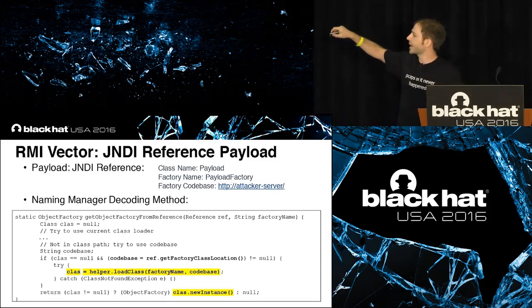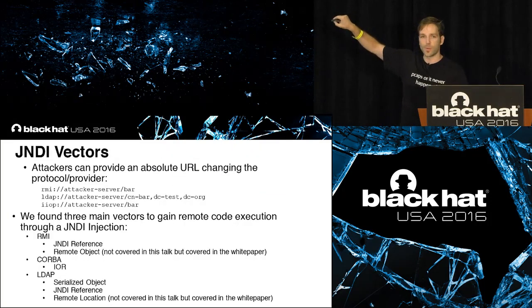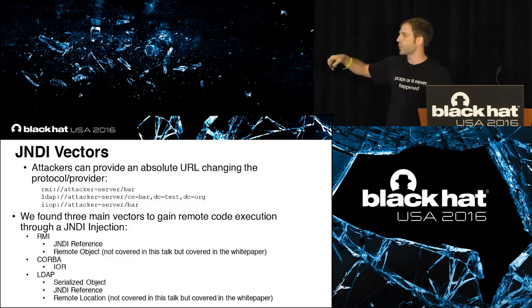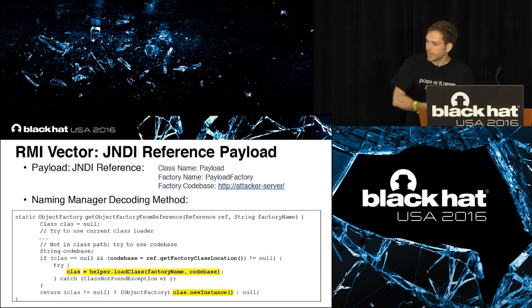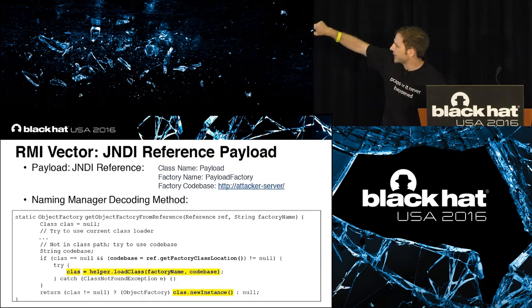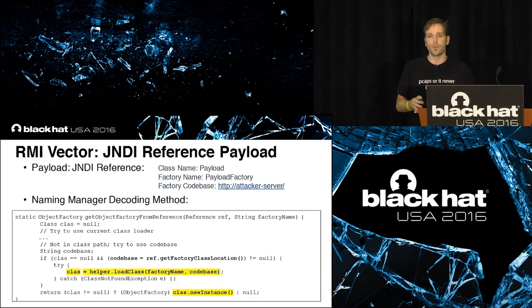So when the code in the JDK gets this JNDI reference and tries to decode it, it will extract the factory class and the factory location from the JNDI reference, and then it will load this class from this remote location.